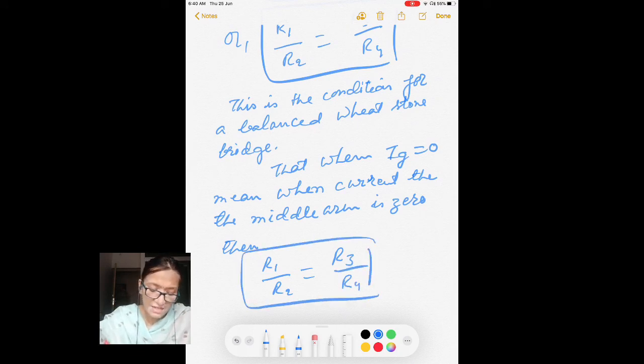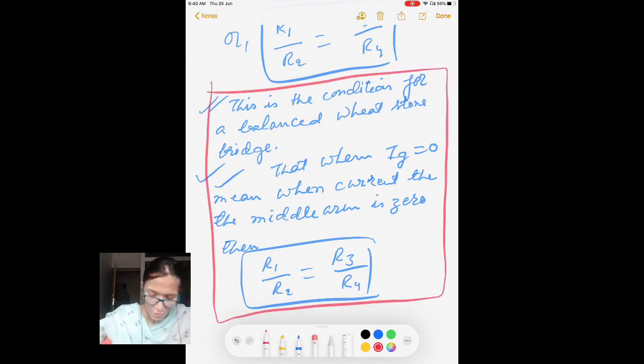So this is the condition of a balanced Wheatstone bridge. Do remember, this is the condition of a balanced Wheatstone bridge.